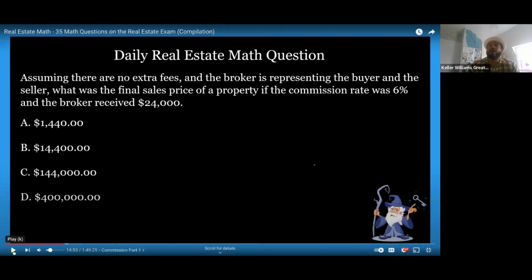The reason you're doing that is you would take 6% times 400,000 to get 24,000. So you do the opposite, you divide it from the other side. So if you're trying to get to the answer from the other side, you would divide 24,000 by the 6% to give you the total price of the property.